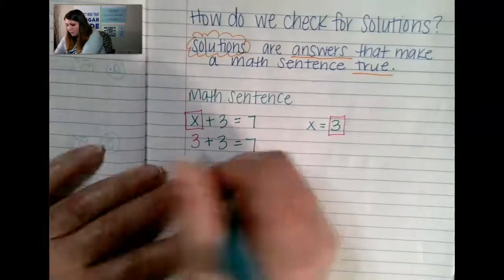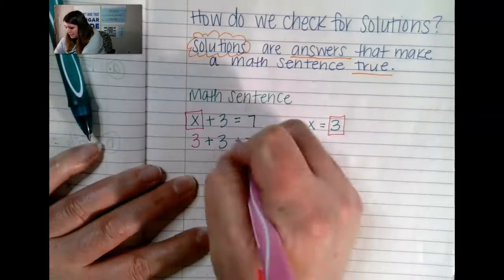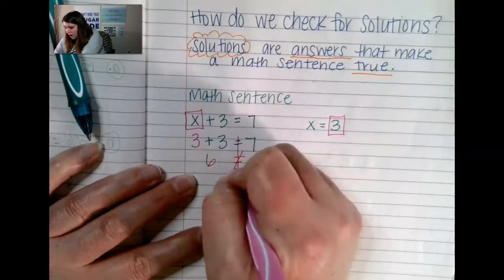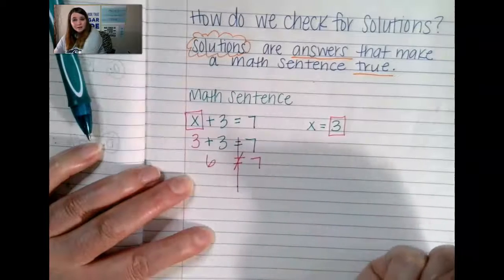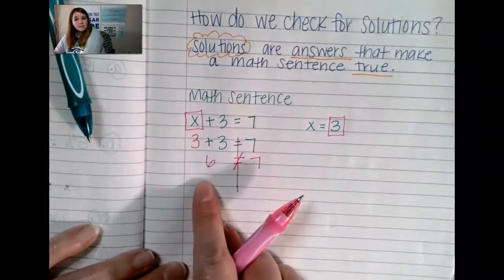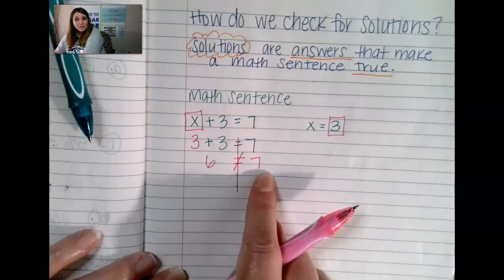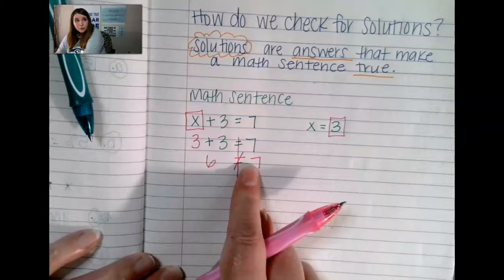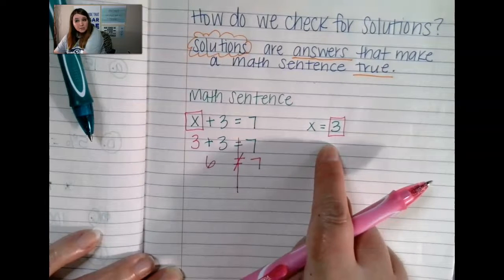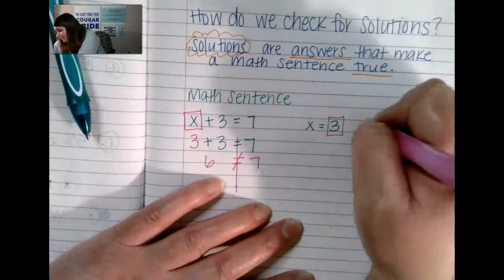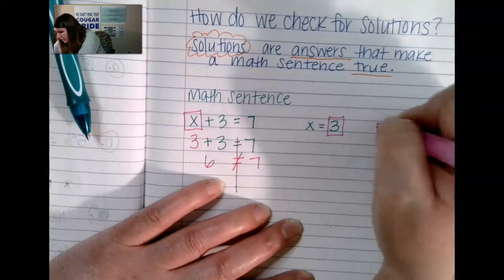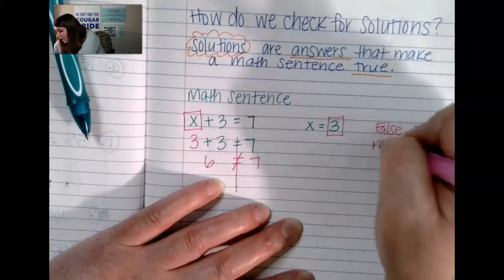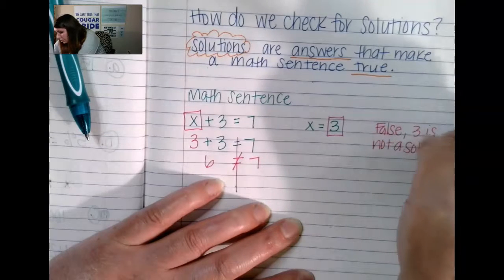Well, we know that 3 plus 3 is 6. 6 is not equal to 7. So because 6 does not equal 7, this math sentence is not true. Therefore, x equals 3 is false. 3 is not a solution.